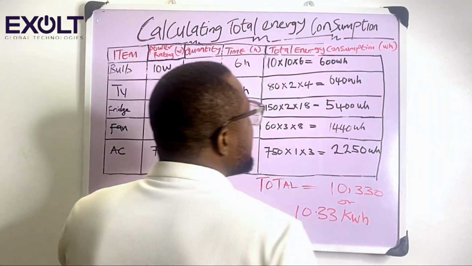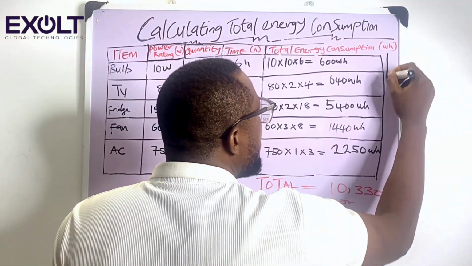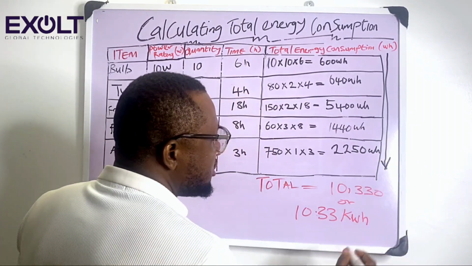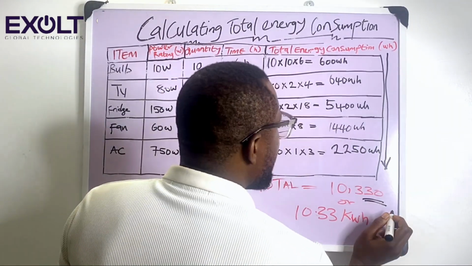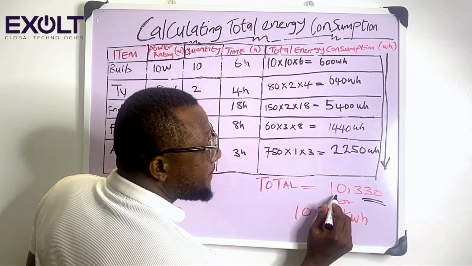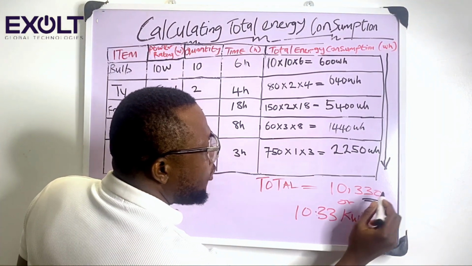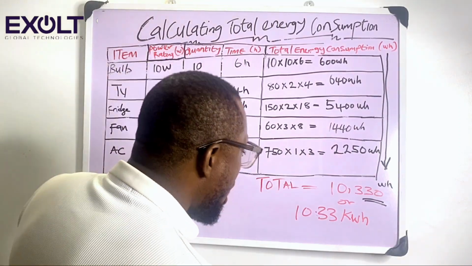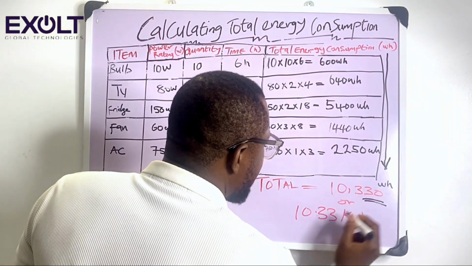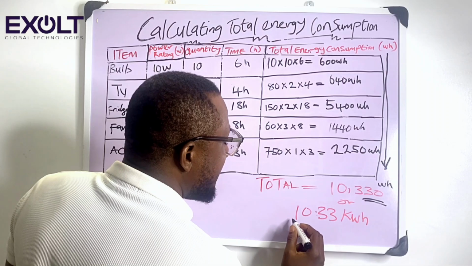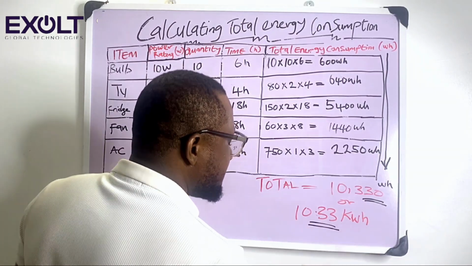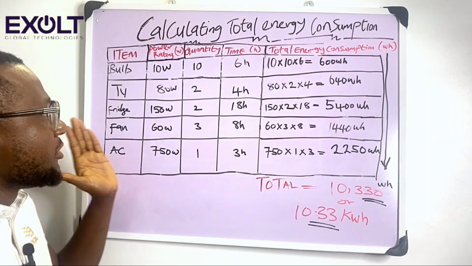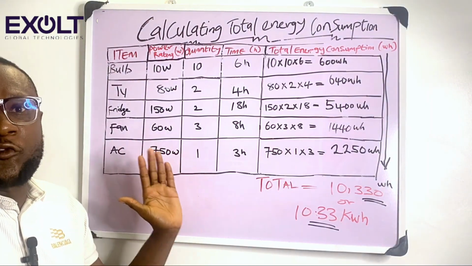After summing up all these multiplications, we got a total of 10,330 watt hours. If we divide this by 1,000, we have 10.33 kilowatt hours. So this is how to calculate and understand the energy consumption for every piece of equipment.